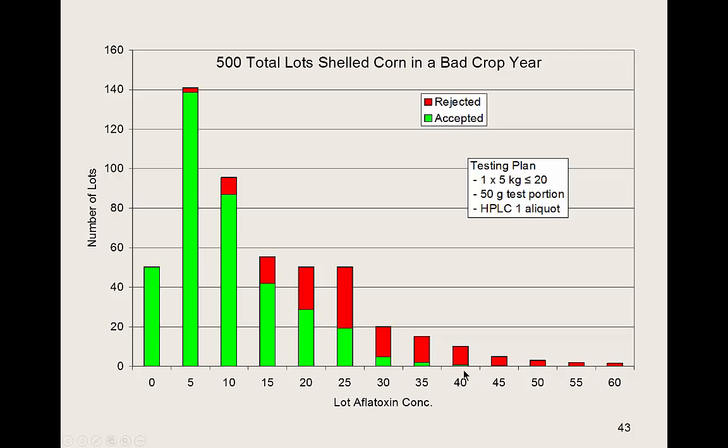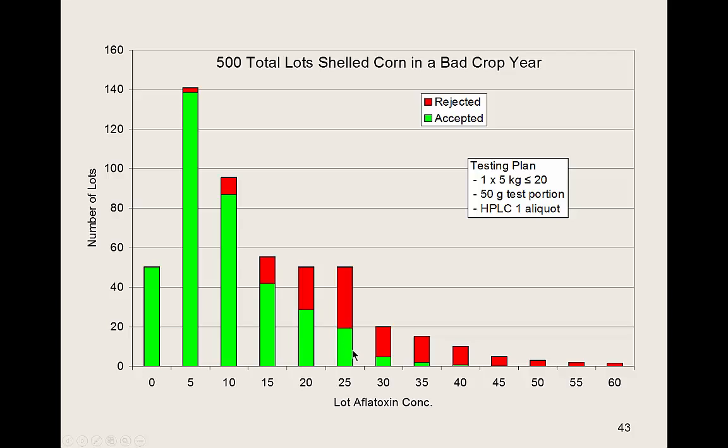The higher the true concentration in the lot, the higher the probability that it's rejected by this sampling plan. But mistakes, errors are made. Some good lots are rejected here, and at 20, some good lots are rejected. At 25, these are all bad lots because 25 is above our limit of 20.